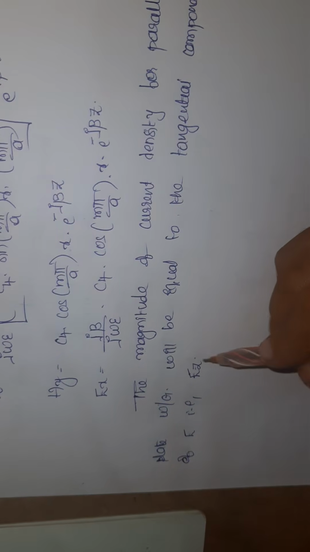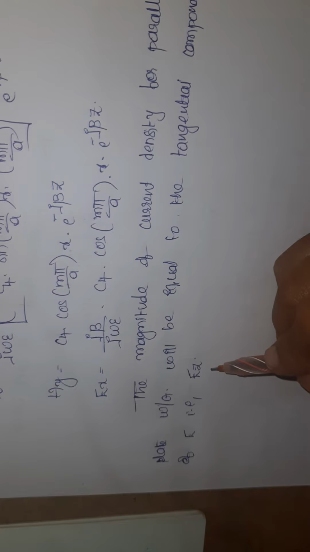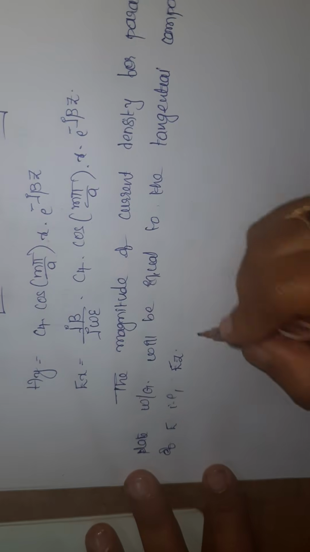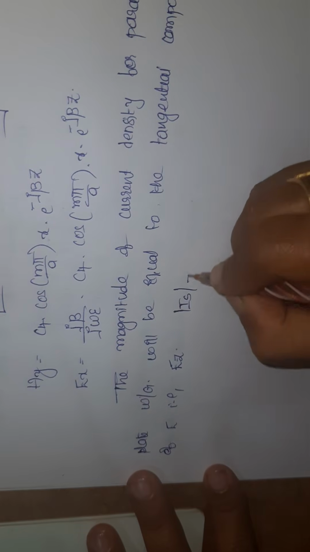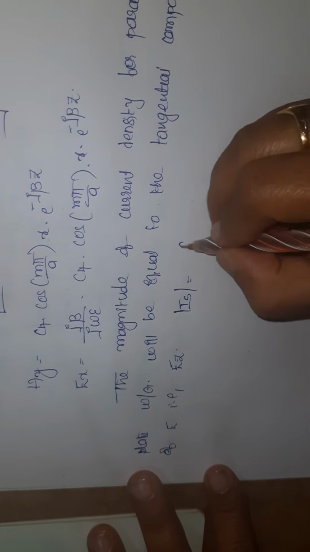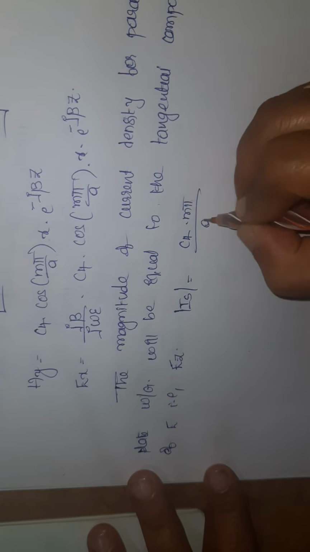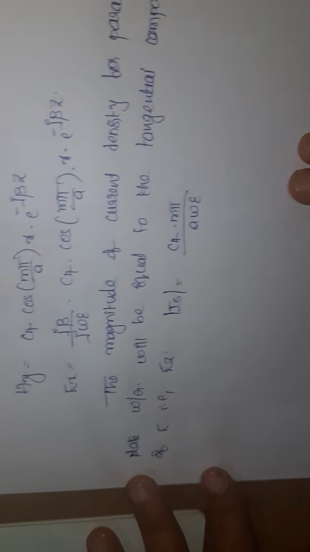In the last session we have considered Hz, now it is Ez. Okay, so Ez is nothing but this equation. So here magnitude of Is from the above equation is nothing but C4 into m pi by a omega epsilon.